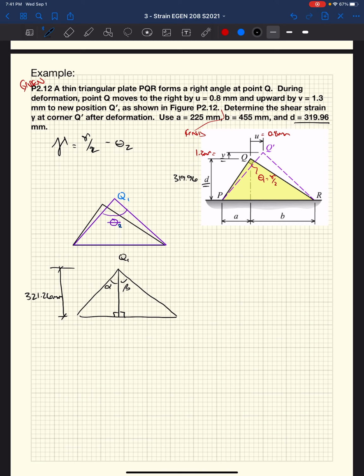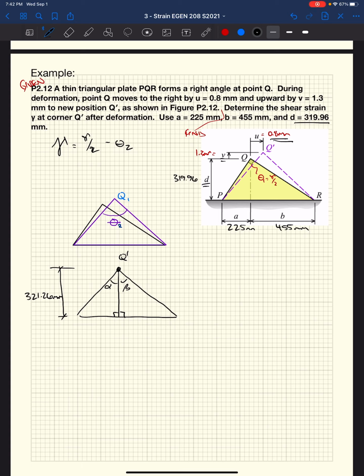We also want to know what the distance to the center is. They gave us A as 225 millimeters, and they gave us B as 455 millimeters. They also gave us U. When we displaced over to point Q prime, we displaced over U, which is 0.8 millimeters.